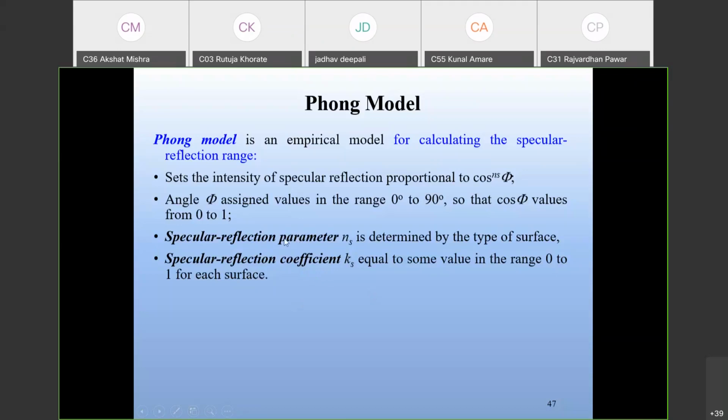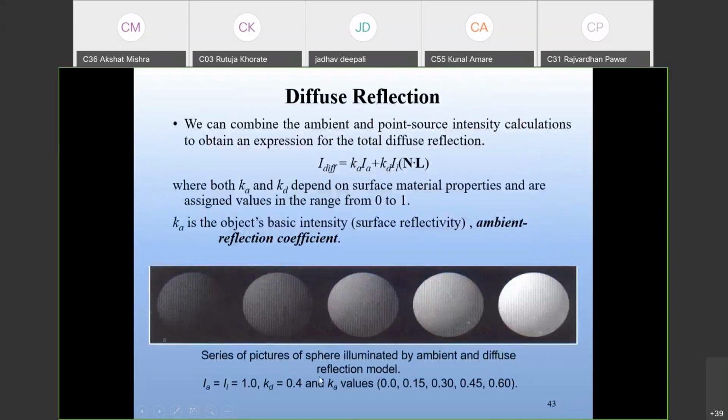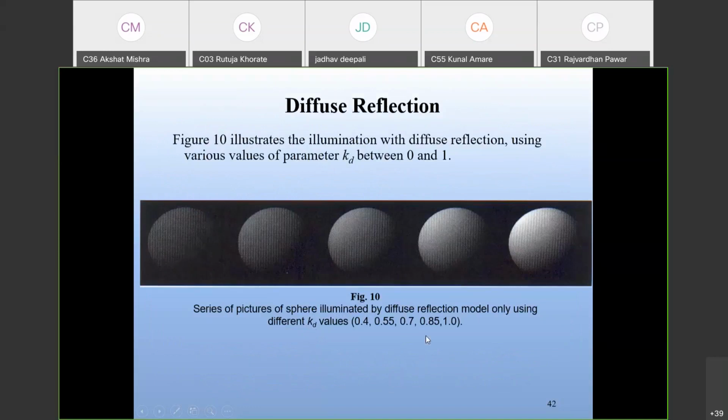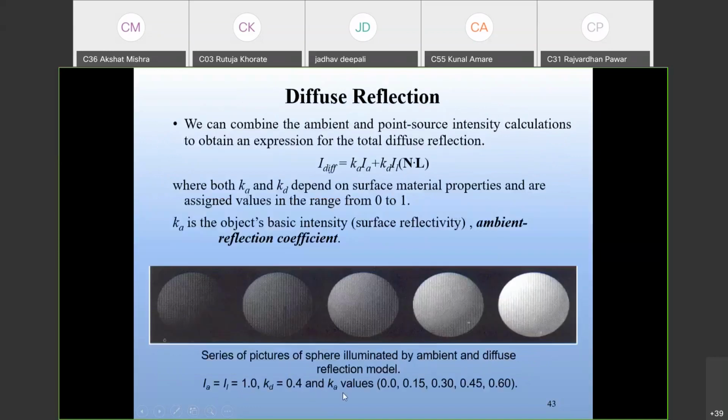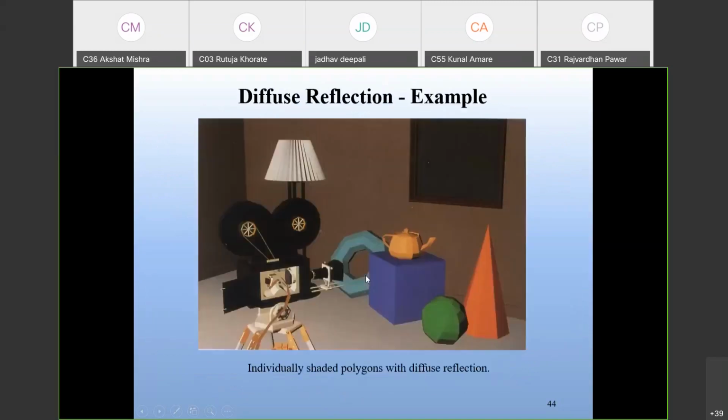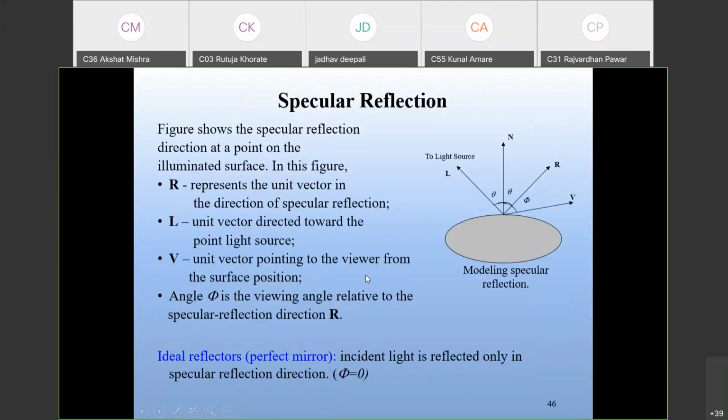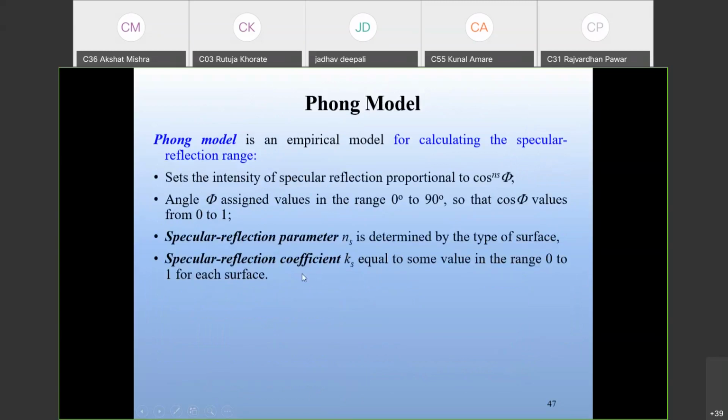Here we have seen Ka and Kd range from 0 to 1. In the same way Ks, the specular reflection coefficient, ranges from 0 to 1.